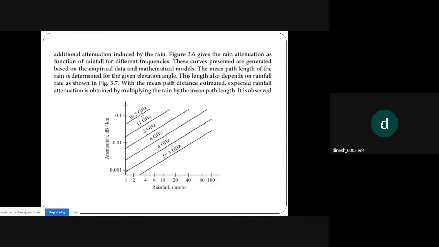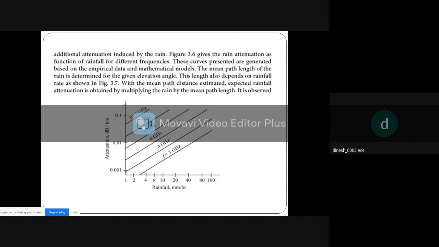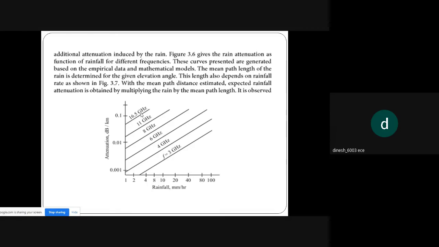Similarly, you can find it for the other frequencies also. For example, if the rainfall is around 20 millimeter per hour, you can see how large it is. For every hour, there is a rise in height of water falling on the earth of about 20 millimeter or 2 centimeter.